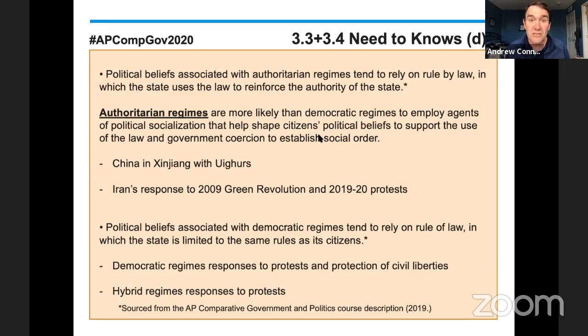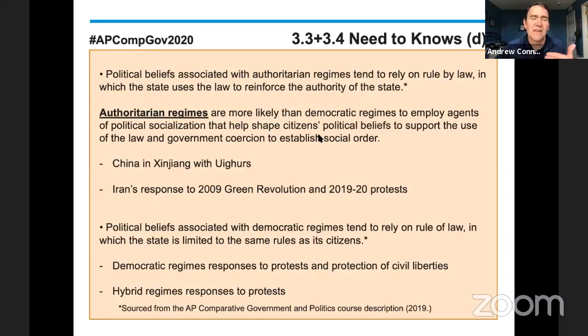Look no further than Xinjiang, the province in northwest China that has a predominantly Islamic population, where the government has used a lot of forceful coercion to shape political socialization, to reduce the sentiment towards separatist movements in that province, to reduce religious liberties, to take more control over the practice, particularly of Islam, in that province of China. So that's an example in China.